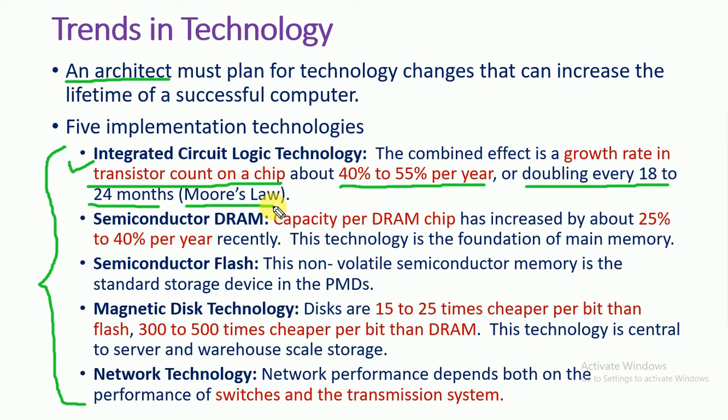That is one of the major technologies. The first point we are mentioning is the integrated circuit logic technology, because that is the major point where we get an IC processor chip of very small size with more transistors.